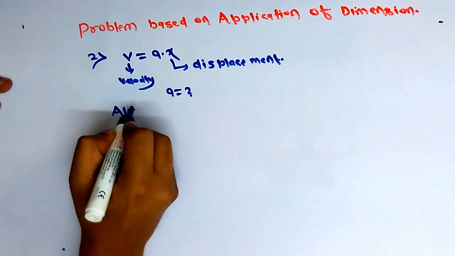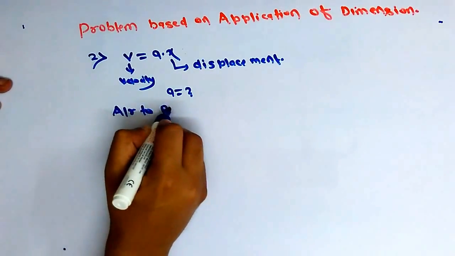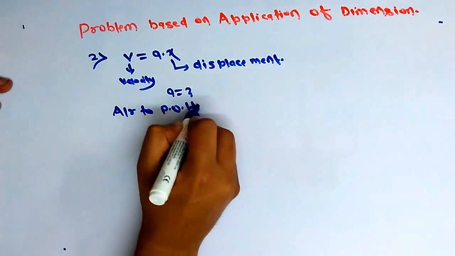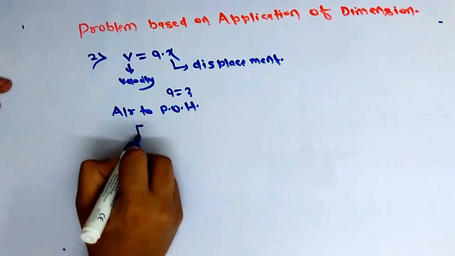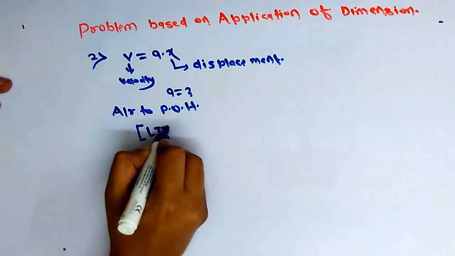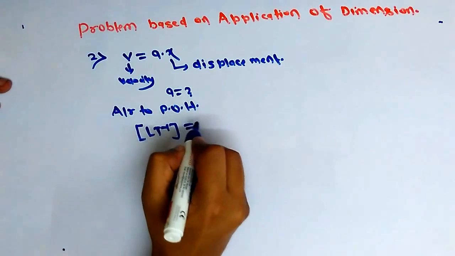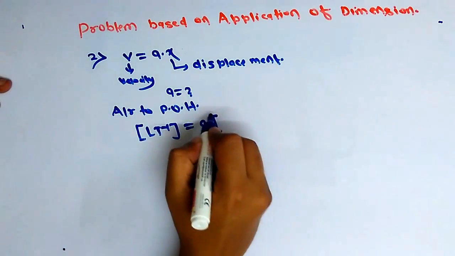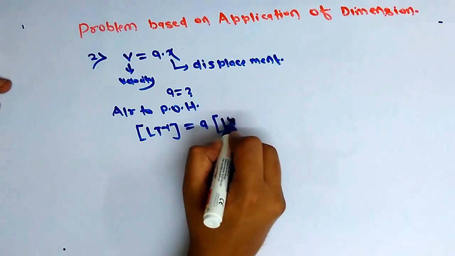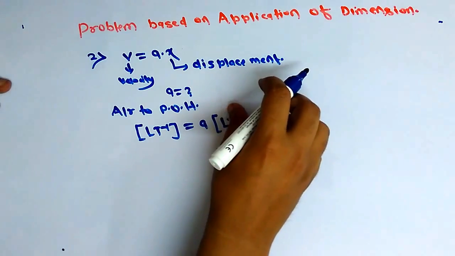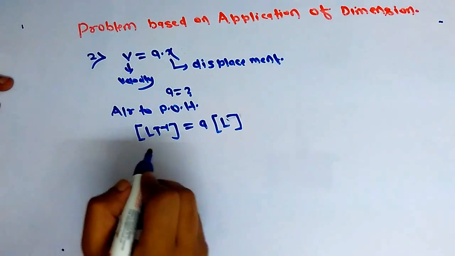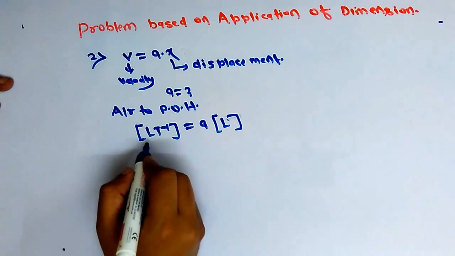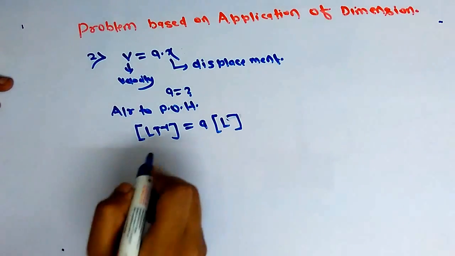we will write the dimension of velocity. The dimension of velocity is L T^-1, and this will be a. The dimension of x is L. So by calculating, L will get cancelled.